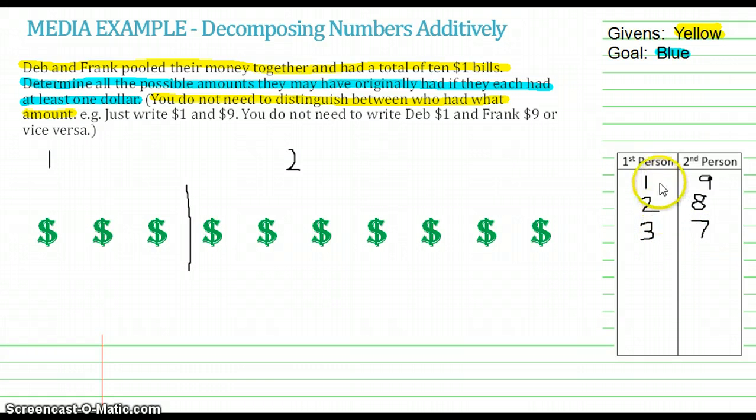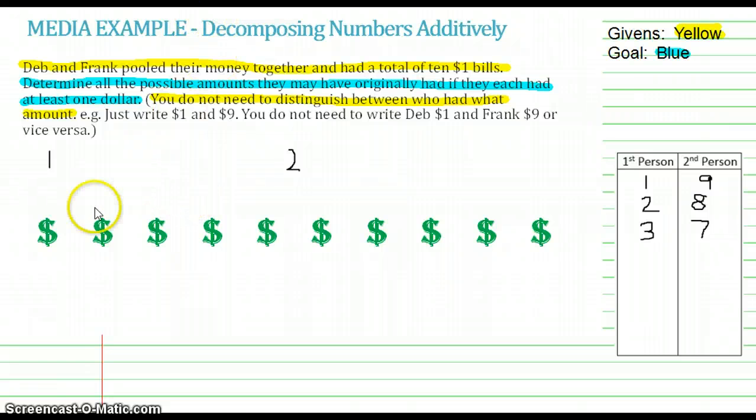You may start to see a pattern now. Notice in our table, we're incrementing the first person's amount of money by $1. That way we know we're not skipping any possible outcomes. And as we do that, the second person's amount goes down by $1. Each row also adds up to 10, which is the total number of $1 bills. So you probably know what we're going to do next.